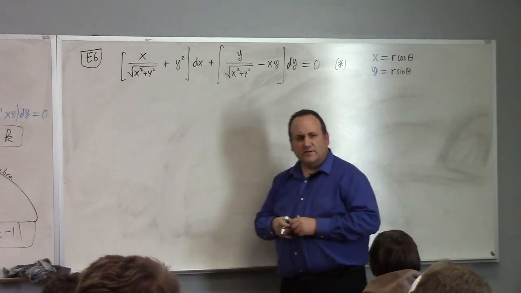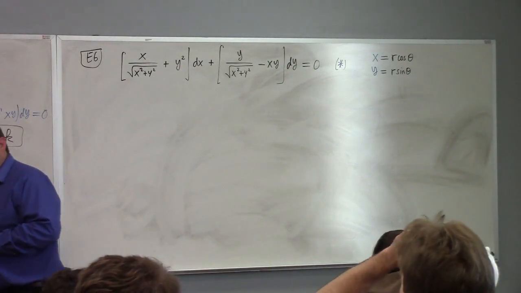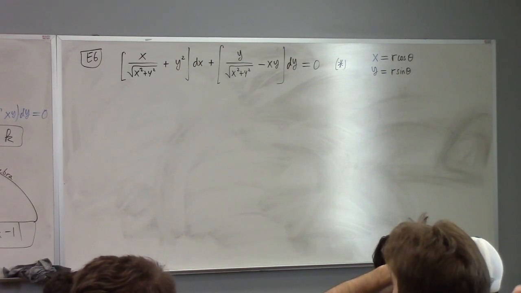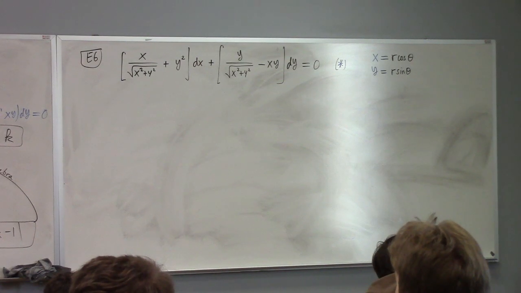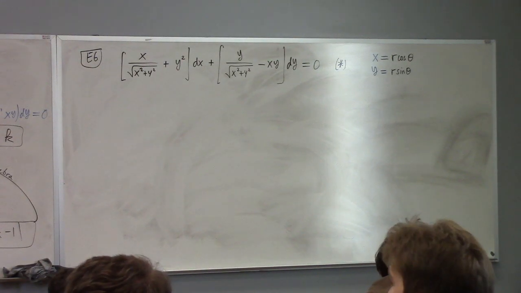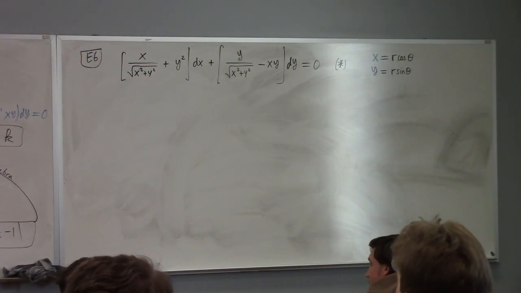You're like, you can do that? How do you change from Cartesian coordinates to polar coordinates in a differential equation? What do you think? What if it were as simple as we just take the differential of these equations and plug them in? That's all you do.